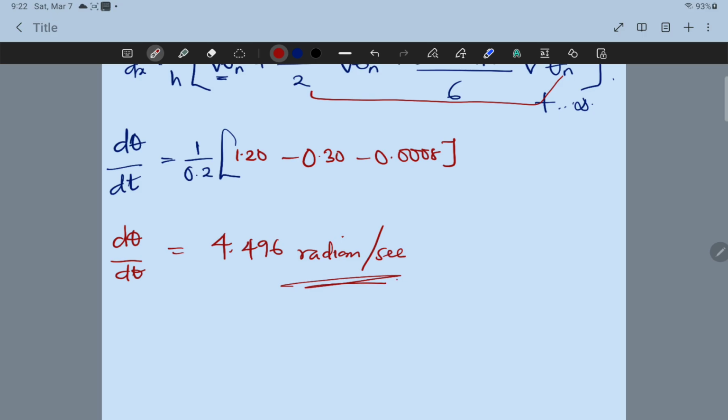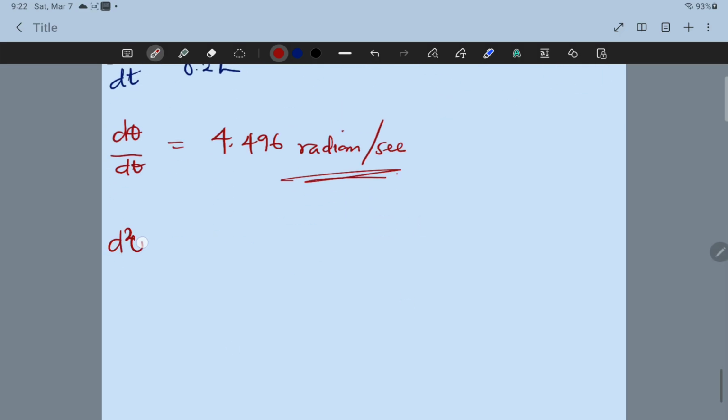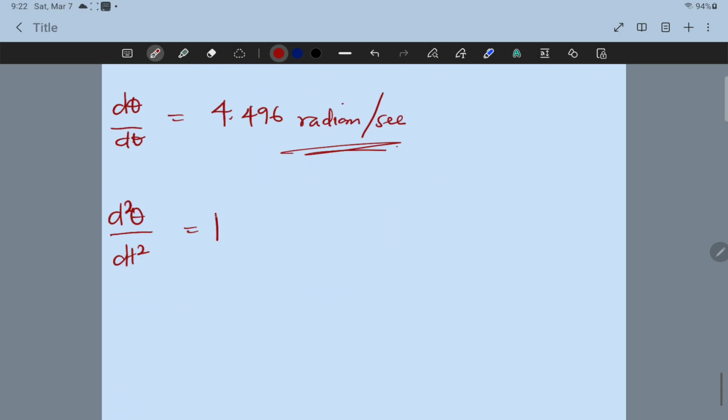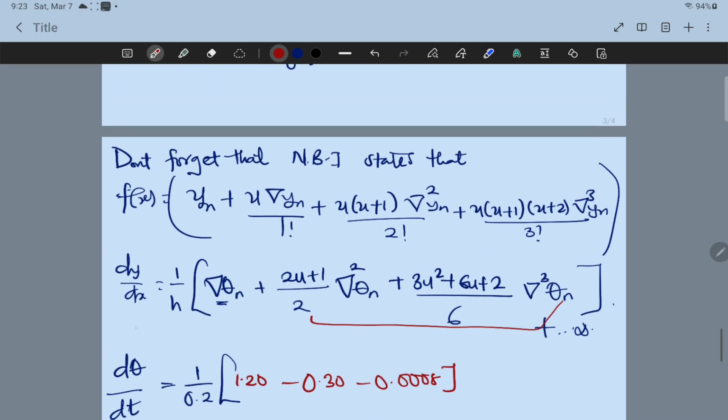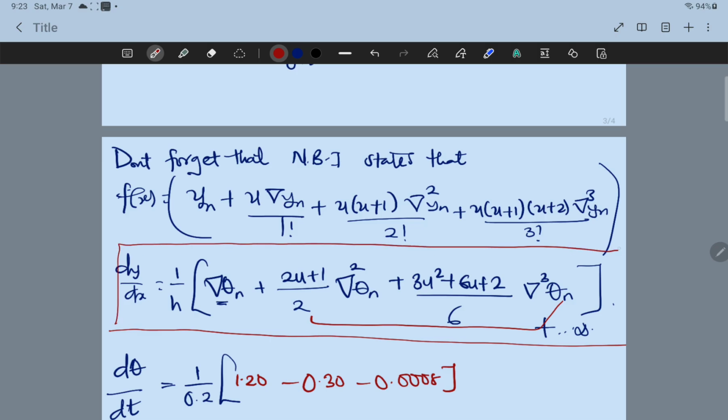All right, so now the next thing we want to do is to find d squared theta over dt squared, second order. We are redifferentiating the first differential, dθ/dt.